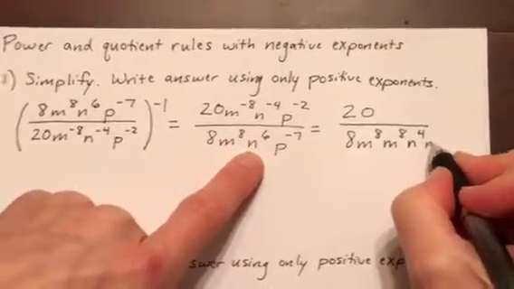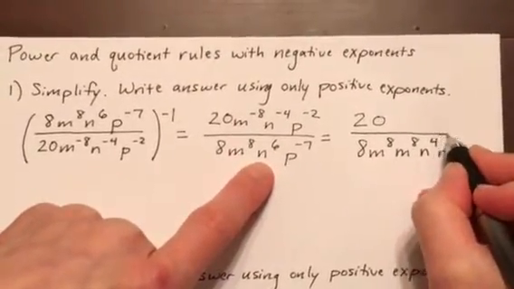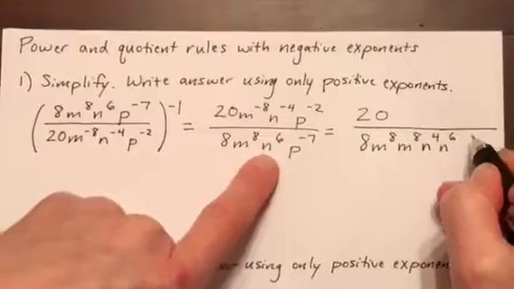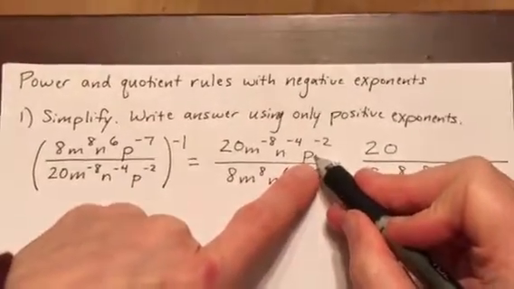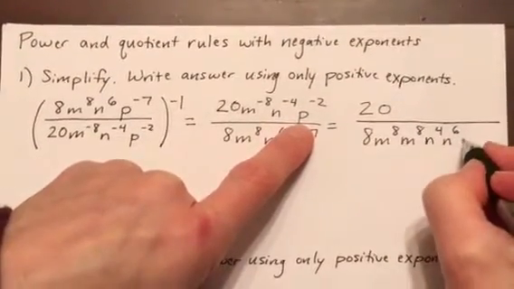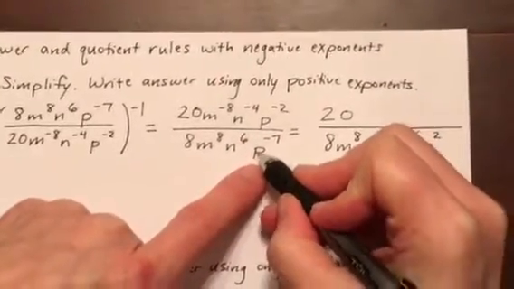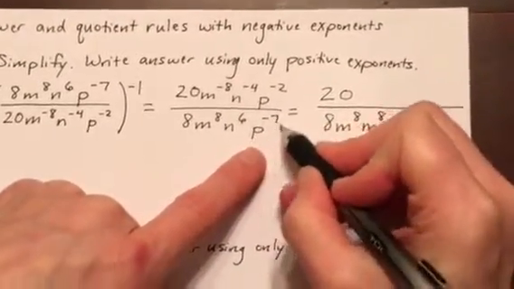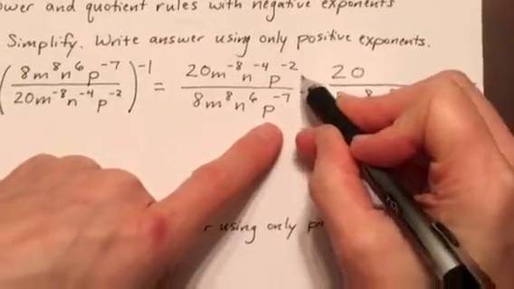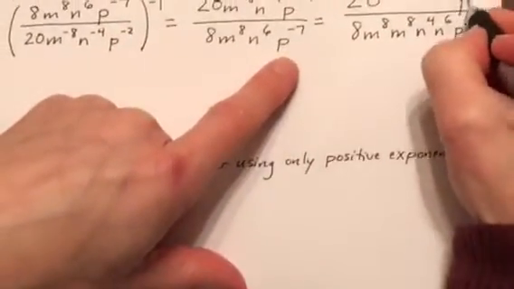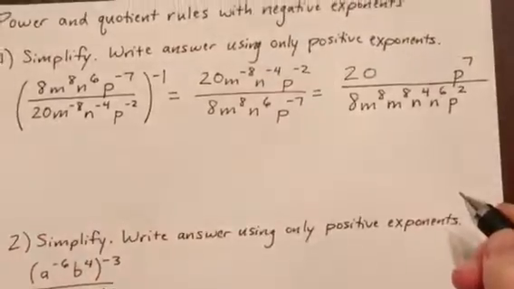We already have an n to the 6 in the denominator, and it stays put. I'm moving down the p to the -2. It becomes p to the +2. And then I have p to the -7 in the denominator, and so it moves up to the numerator and becomes p to the +7.